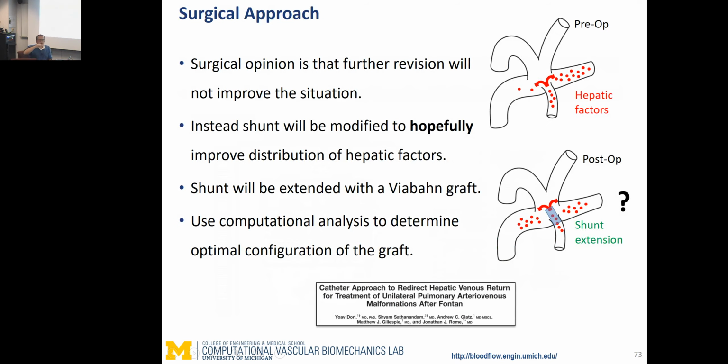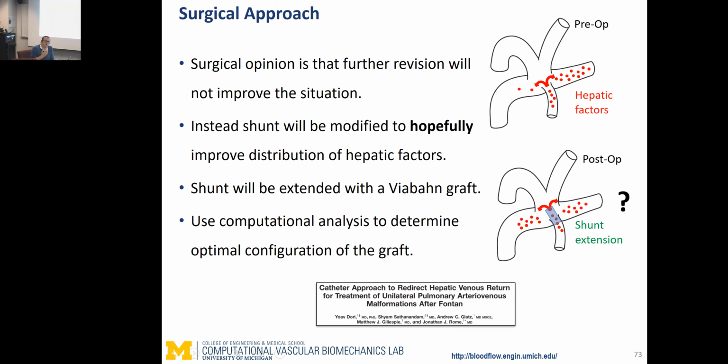So we have a situation in which we have this vessel, and these dots, let's call them, are what the liver makes. We worry about whether they reach both lungs evenly or not. We know that in this case it's going to be mostly biased to the left lung of the patient, to your right.